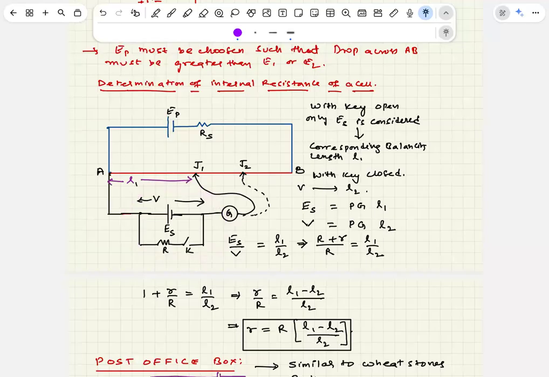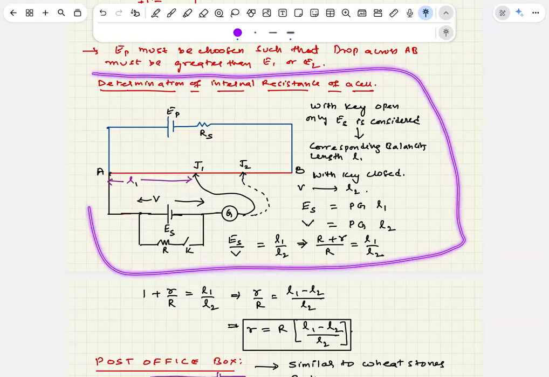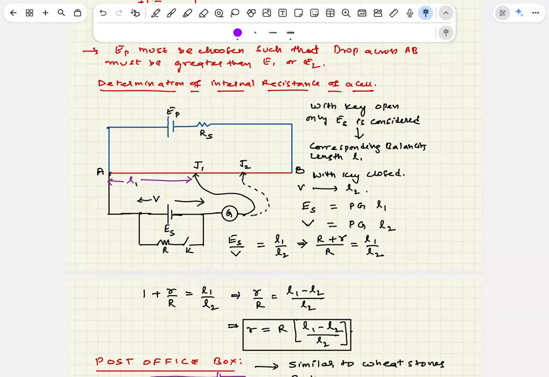I am just introducing the potentiometer today. Thereafter, I will extend my discussion on different aspects. Why I am discussing the potentiometer is so that for any problems, you already have an idea that you can go with that. Determination of the internal resistance of a cell. This is my concept in this.